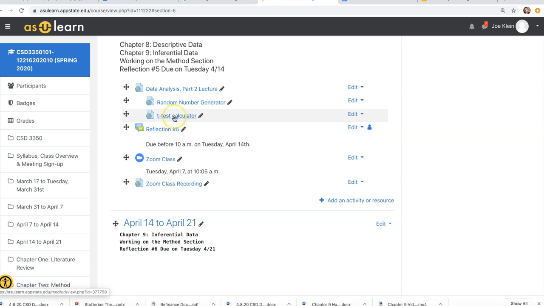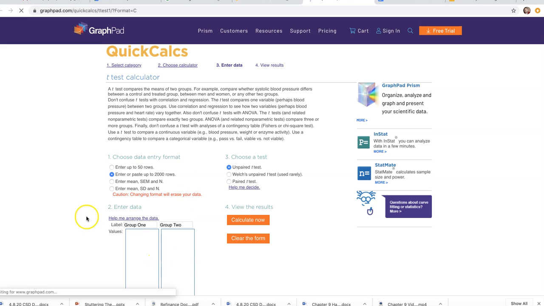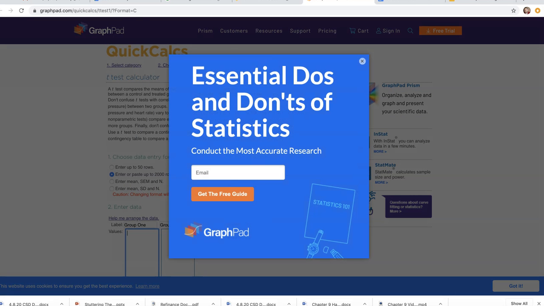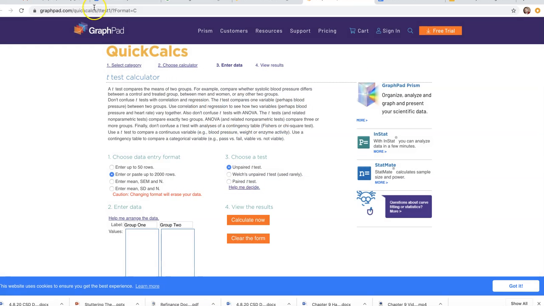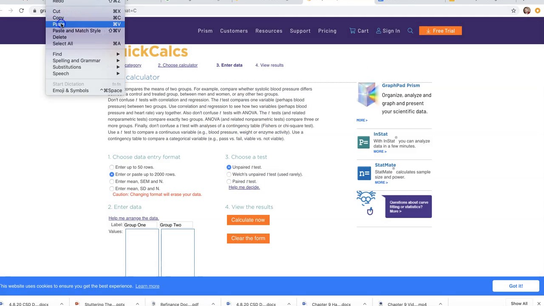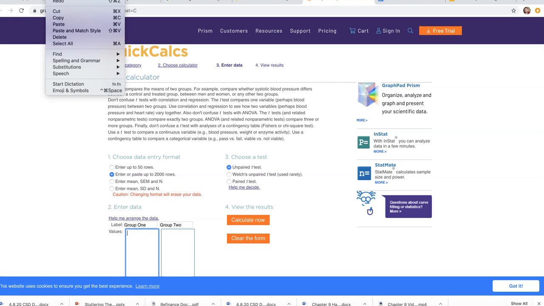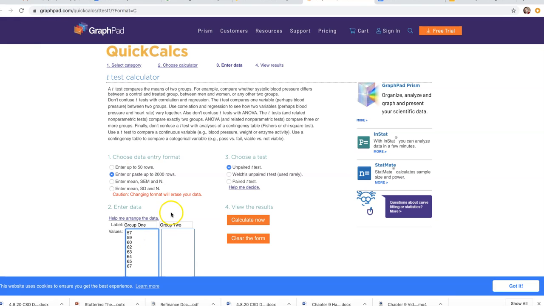I'm going to go to our T-test calculator. We're going to go to group 1. I'm going to pop those in. Edit, paste. Then we're going to go to group 2. Let me go back to where we were here.